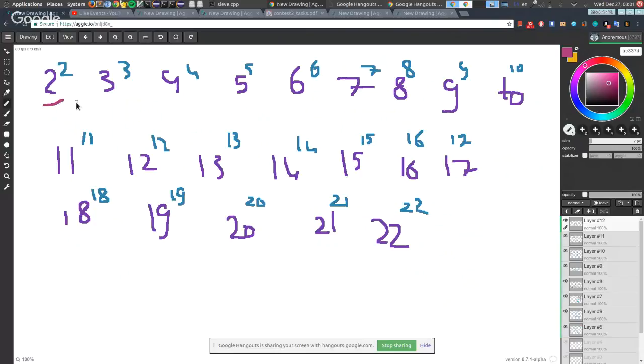We start with this, and we go through its multiples. So here we go to 4. We remove this as smallest divisor and we put the 2, and so on. So we mark all its multiples as having smallest divisor 2.